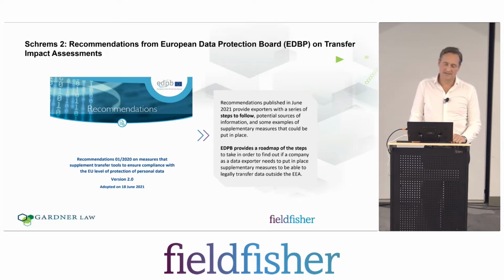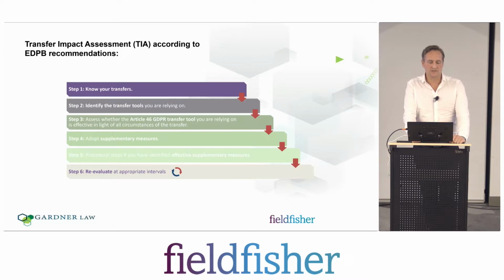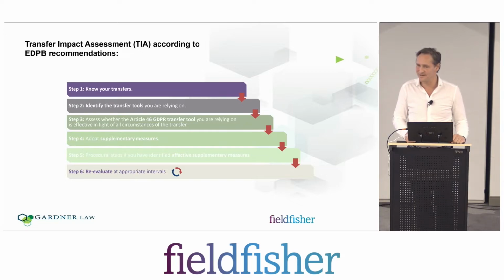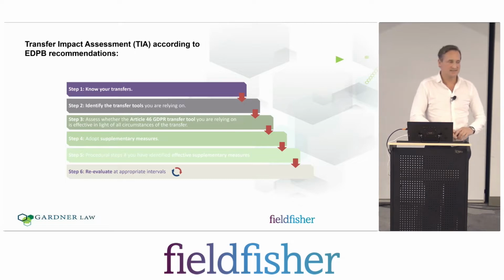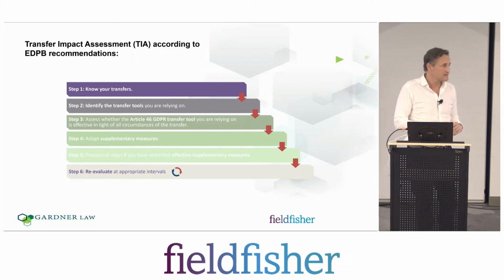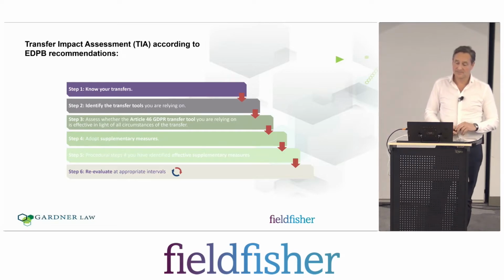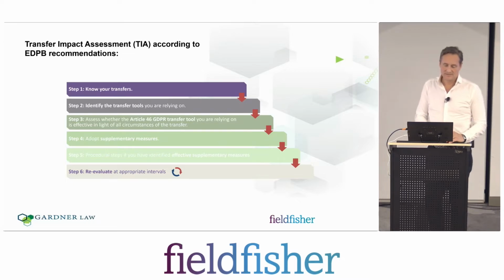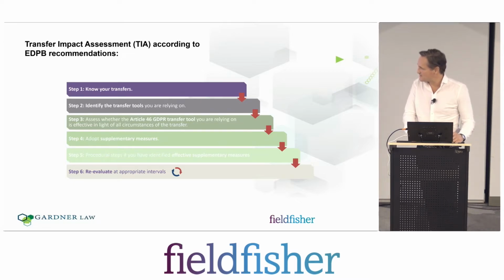That recommends a 5-step approach, actually. The first one is very obvious: know your transfer. Of course, the bigger the company and the more complex your relations in data transfer with other companies, you need to assess in which cases you have relevant data transfers at all. Then you need to identify the transfer tools you are relying on, and then step by step you come to the final version of your transfer impact assessment.